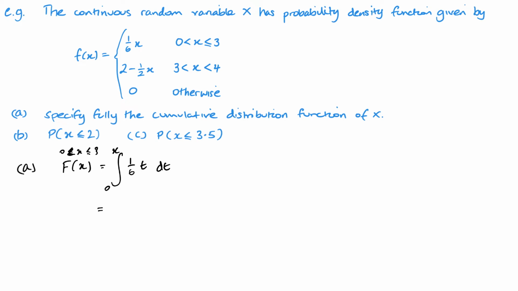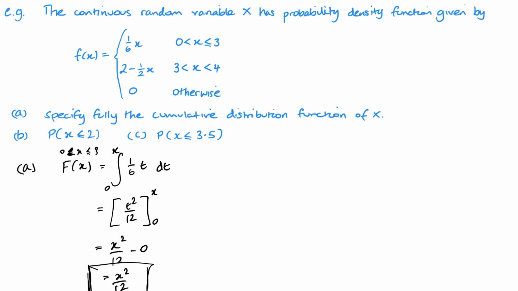So integrating this, we get t squared over 2, so it's going to become t squared over 12 between x and 0. So it's going to give me x squared over 12, obviously minus the 0, or just x squared over 12. And that is my first value here.